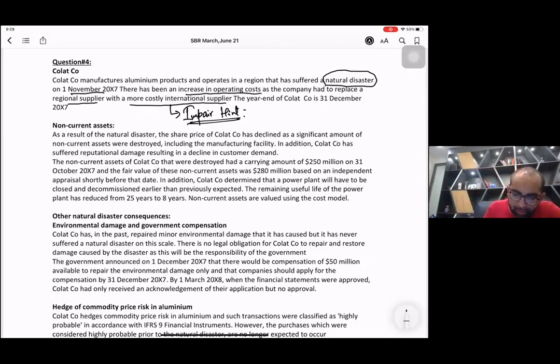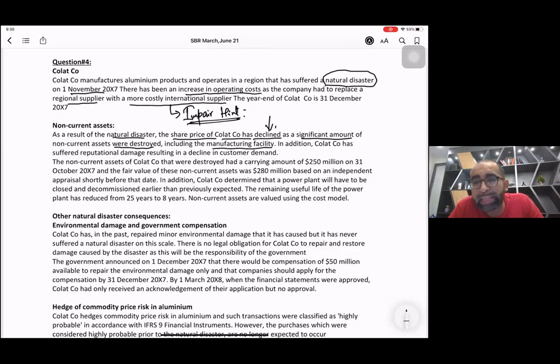Now, non-current assets. As a result of the natural disaster, the share price of Collat company has declined. Another impairment hint. If you have studied IAS 36 at F7 level or SBR level, there is a theory in IAS 36 of impairment hints. There are two types of hint, internal and external.